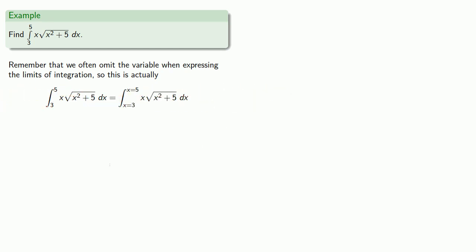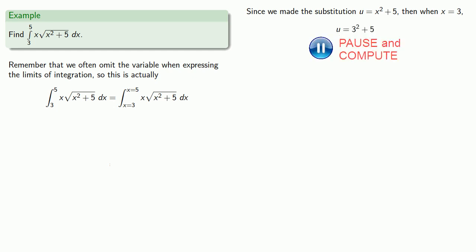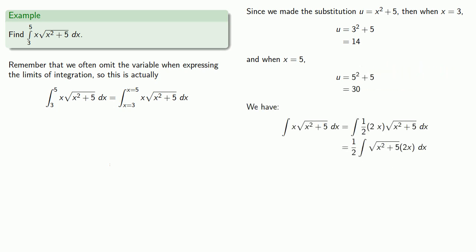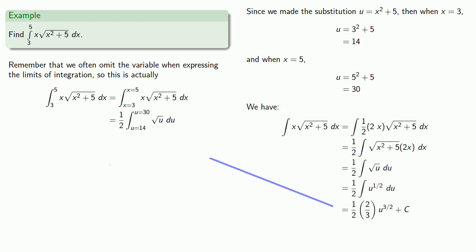Why does that matter? Well, since we made the substitution u equals x squared plus 5, then when x is equal to 3, u is equal to 14, and when x is equal to 5, u is equal to 30. And that means when I make my u substitution, I can also substitute in the limits of integration, which means that when I get here, I have a choice.